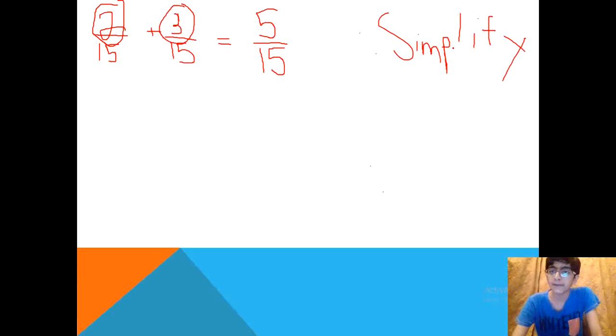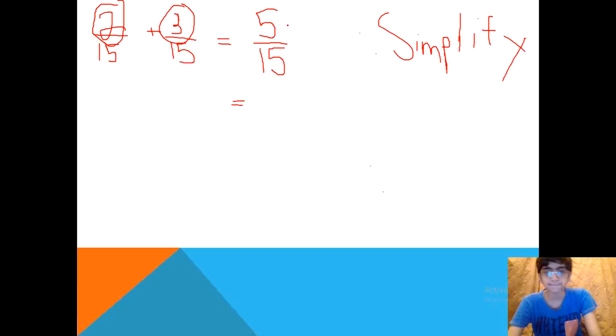We have to simplify it because 5 over 15 can still be made a bit less complex, a bit more basic, and we have to leave the added sum or subtracted answer in the least terms of the fraction, which means that we have to simplify it.